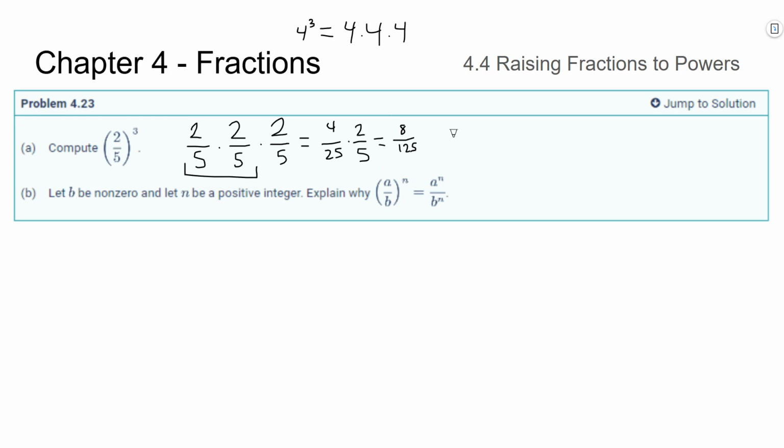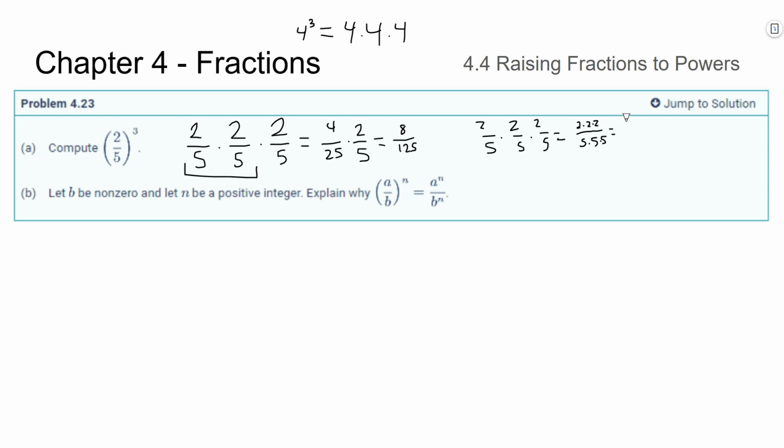To do that again, we had 2/5, I'll try to write quickly, forgive my sloppiness, times 2/5. All right, so we know that that is going to be 2 times 2 times 2, and 5 times 5 times 5.